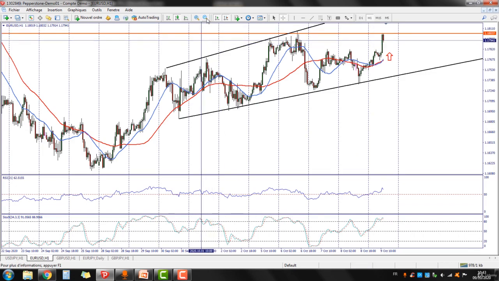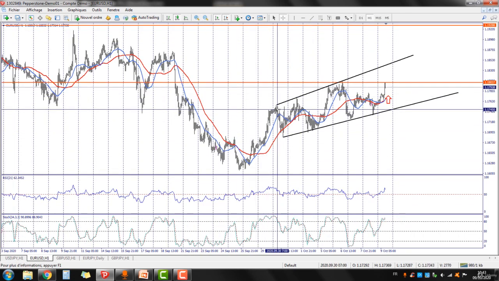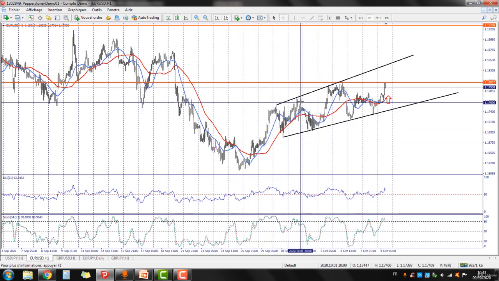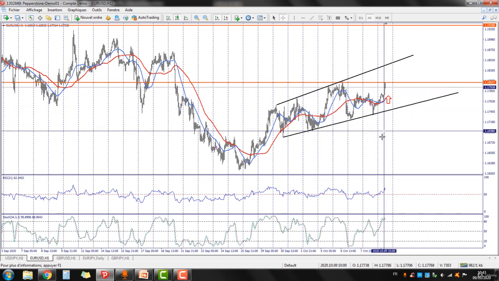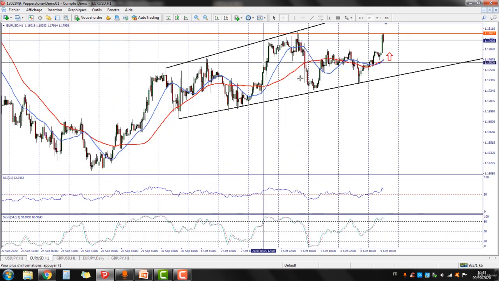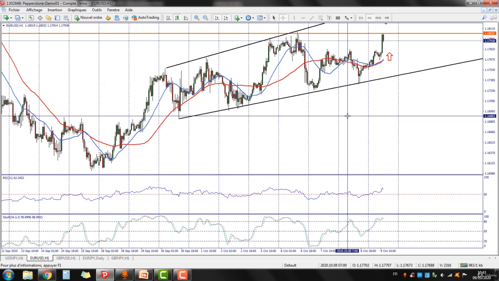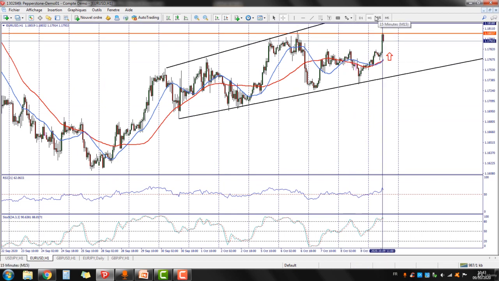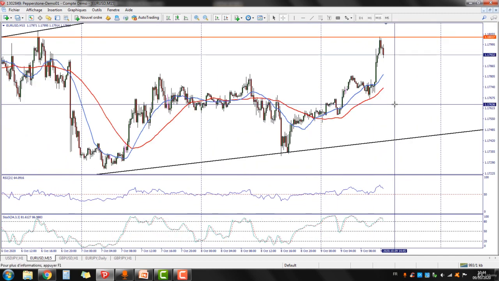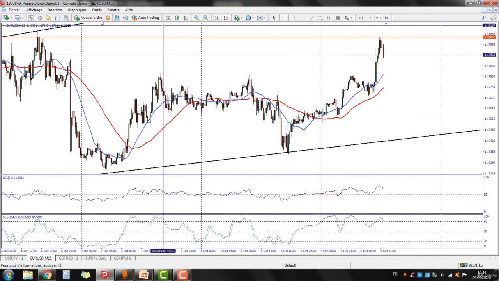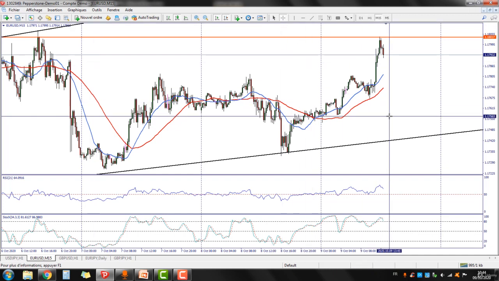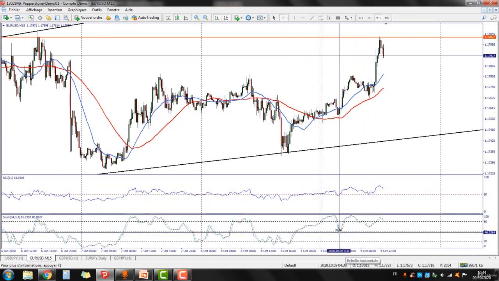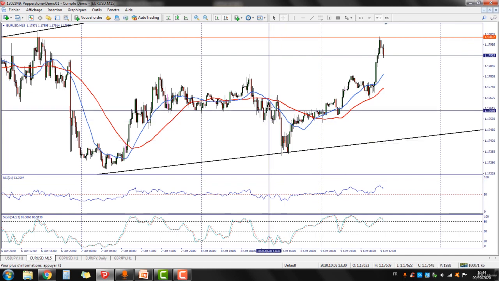So this is where we have a good price action pattern here. So let's switch to the M50 to confirm if the market is trending or correcting. As we can see here, the market is right now trending.